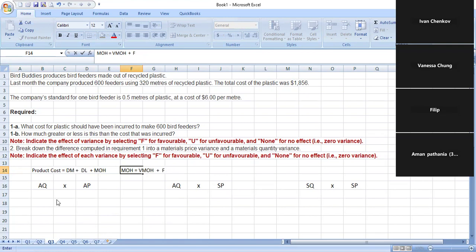Correct? So now we have four possible variances: direct material, direct labor, variable overhead, fixed overhead. Which one are we discussing here?